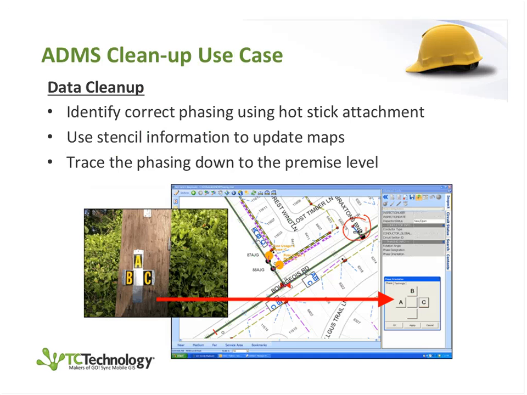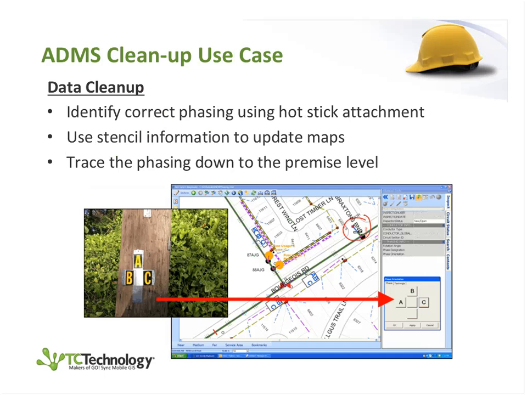And so the way that this particular customer structured their project is they divided the work into two phases. There's initially a crew that goes out with a hot stick attachment and identifies phasing along the wire.